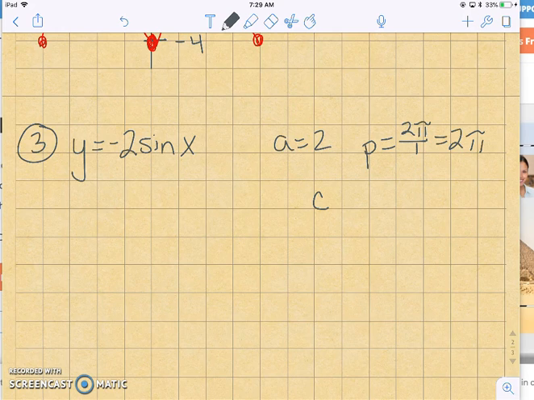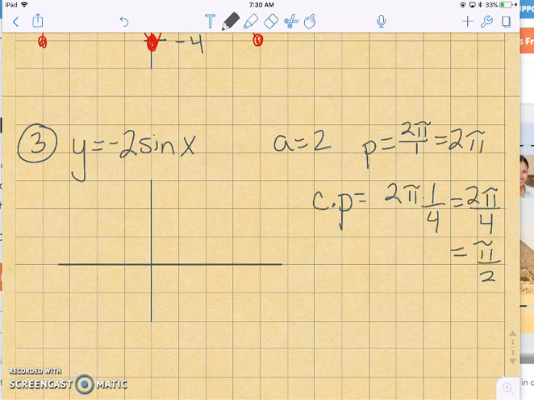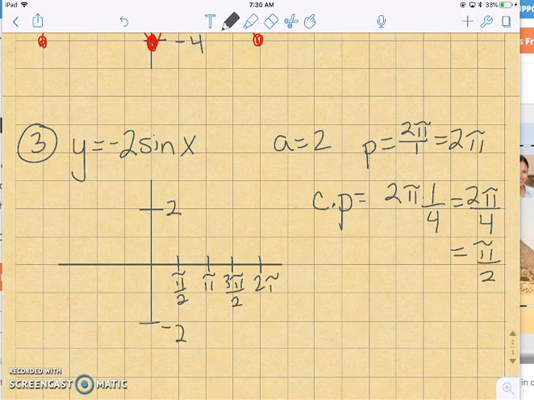Our critical points would be 2 pi times 1/4, that's 2 pi over 4, which reduces to pi over 2. That makes sense, since our period's 2 pi, which is our normal unit circle. So we have 2 and -2, and 1 pi over 2, 2 pi over 2, which is pi, 3 pi over 2, and 4 pi over 2, which is 2 pi.